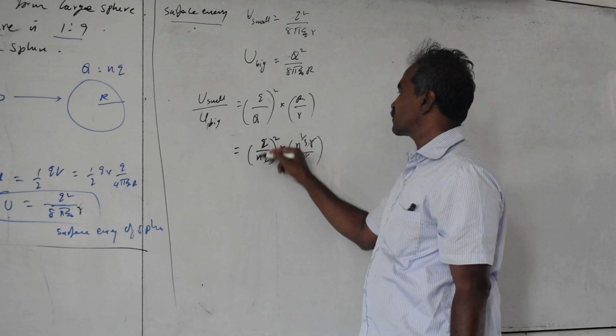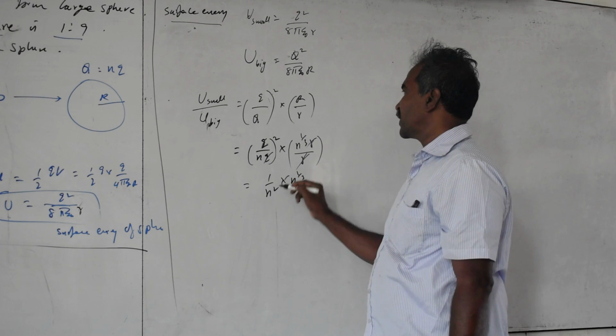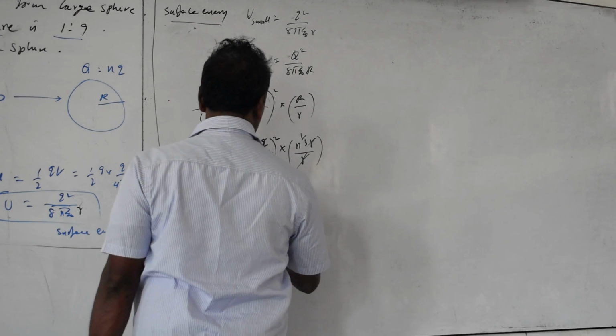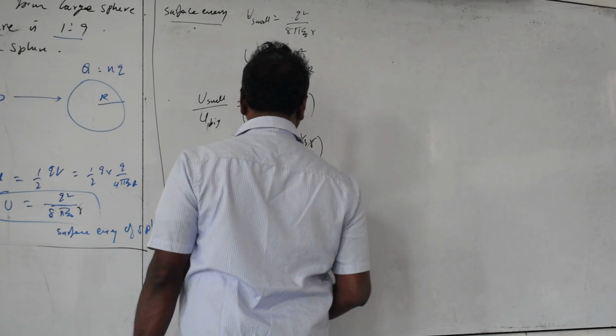This cancels, this also cancels. Left out is 1 by n square into n to the power of 1 by 3. It can be written as n to the power of 1 by 3 into n to the power of minus 2.